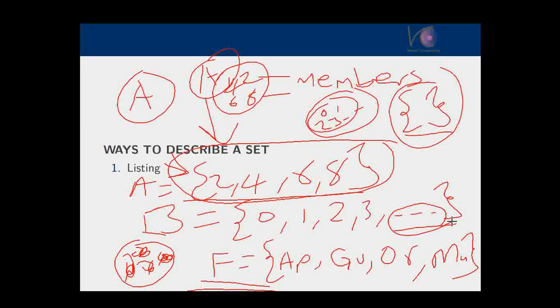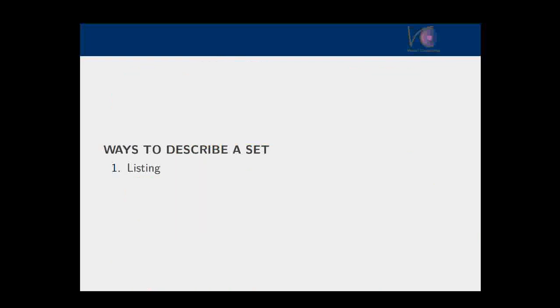Therefore, the listing method is used when you are dealing with countable sets. This is when you are able to count the elements in that particular set.